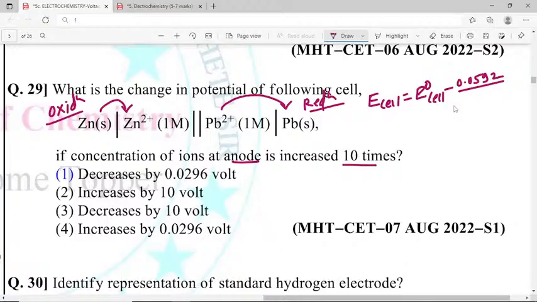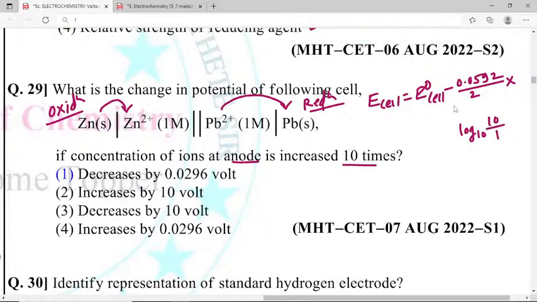What is the n here? 2. Multiply by log to the base 10 of the ratio, and the anode concentration is increased by 10 times. So this is 10 divided by 1, log 10 to the base 10 is 1.